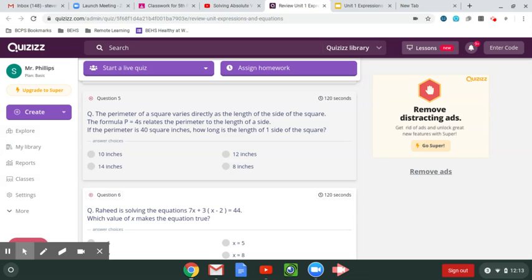And then what we're going to do is we're going to replace the value for perimeter with what they give us. If the perimeter is 40 square inches, how long is the length of one side of the square? So if the whole square is 40, we need to figure out what 1 would be. So 40 equals 4s.